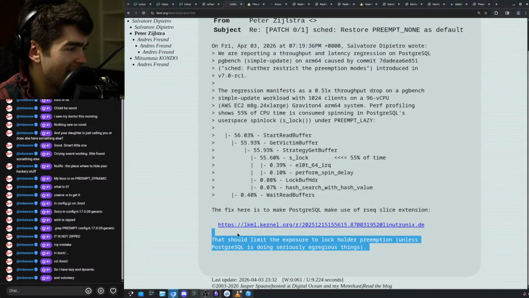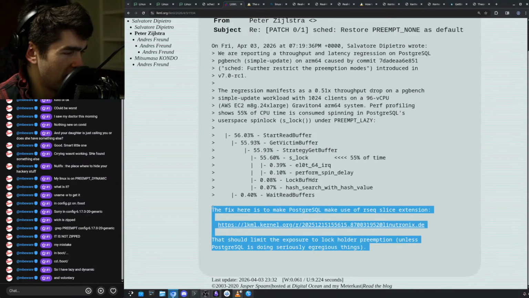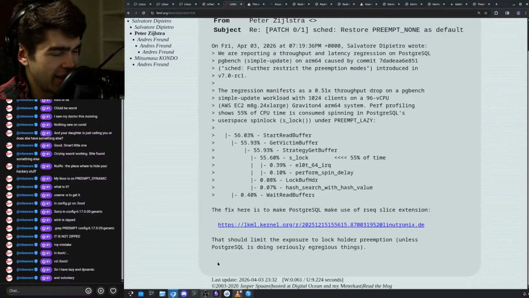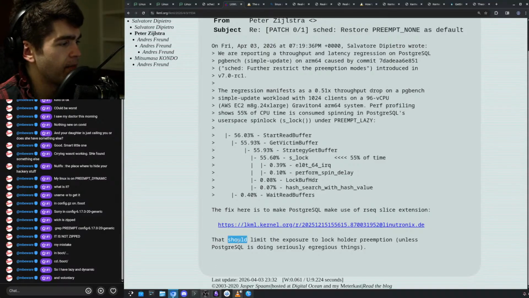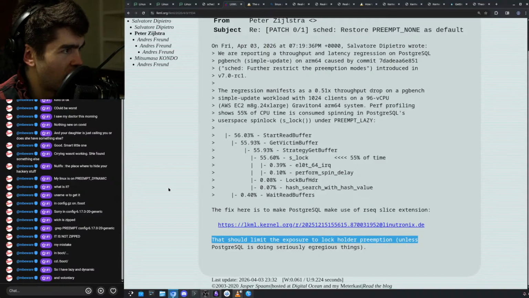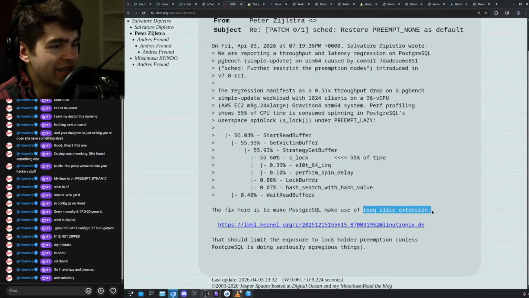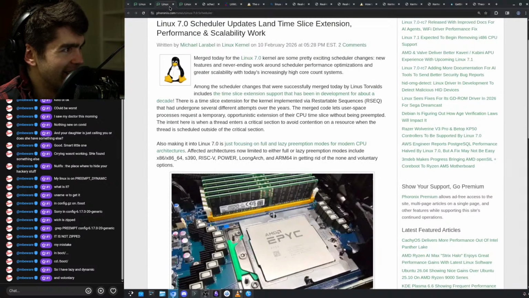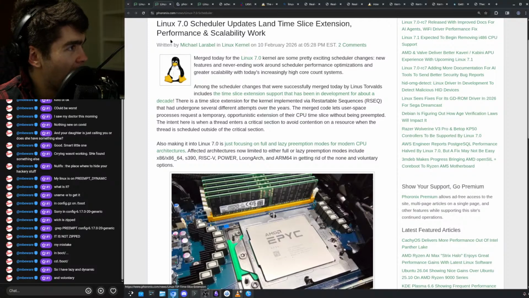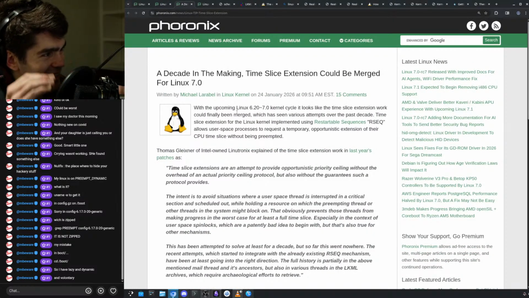Now, why is this unhinged? Why do we care about this answer? It's because rseq slice extension came out this release.